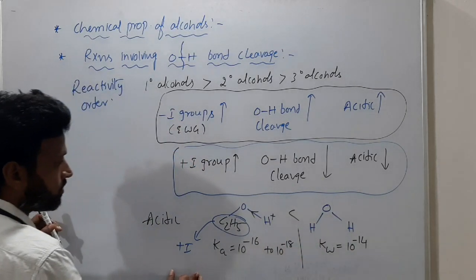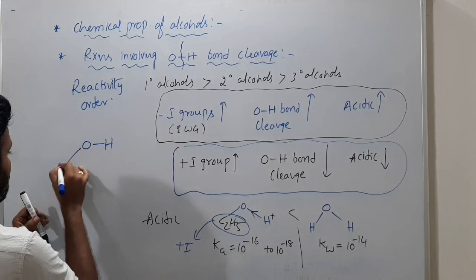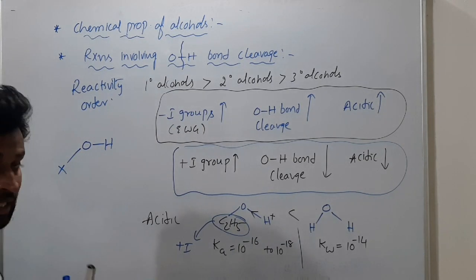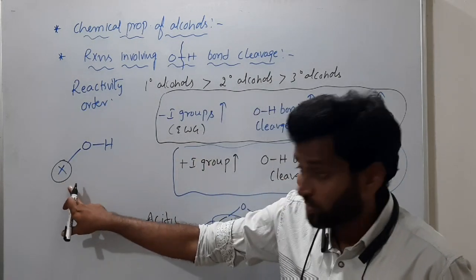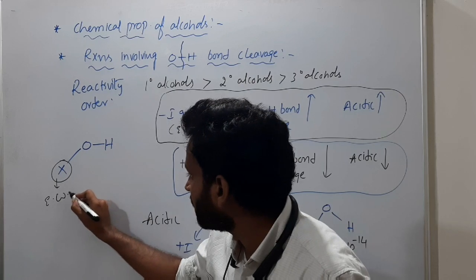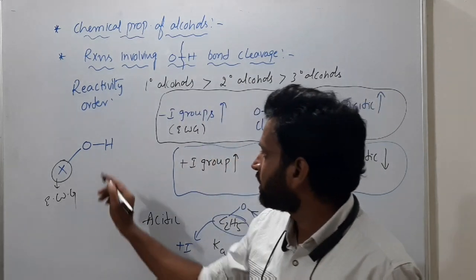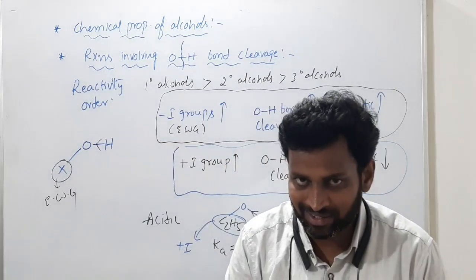So Kw value I was saying. What I am telling here, OH bond is there, here some X group is there. This X group must be electron withdrawing, then only this bond can move towards oxygen. This is final, sir.